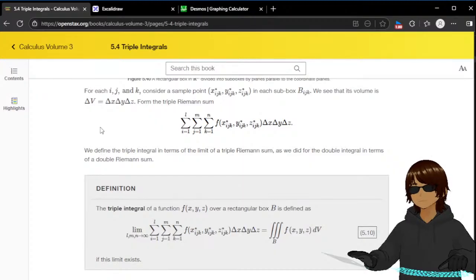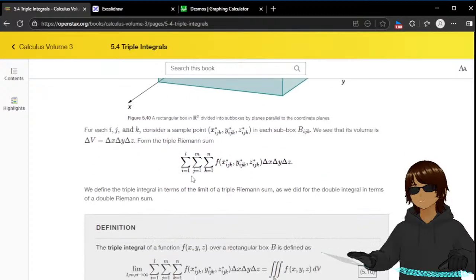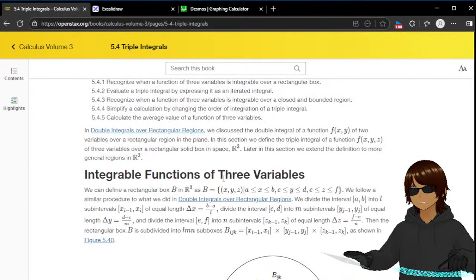We define the triple integral in terms of the limit of the triple Riemann sum, as we did for the double integral in terms of the double Riemann sum. So f is defined with inputs x, y, and z, right?